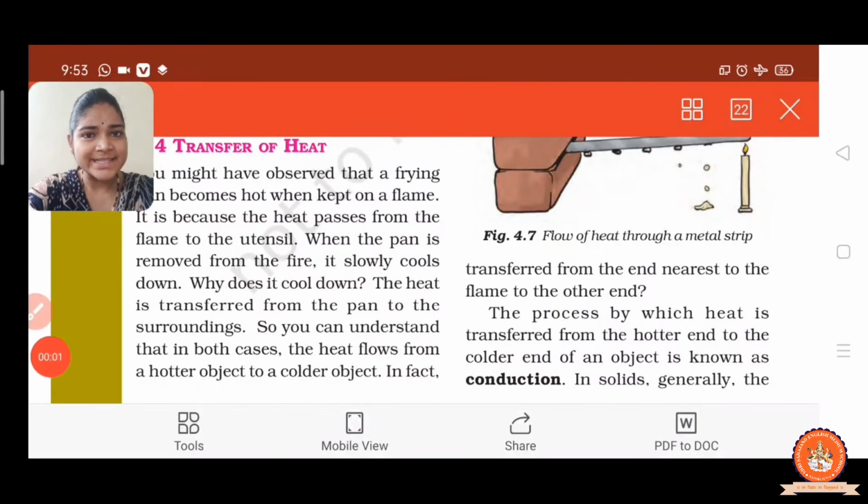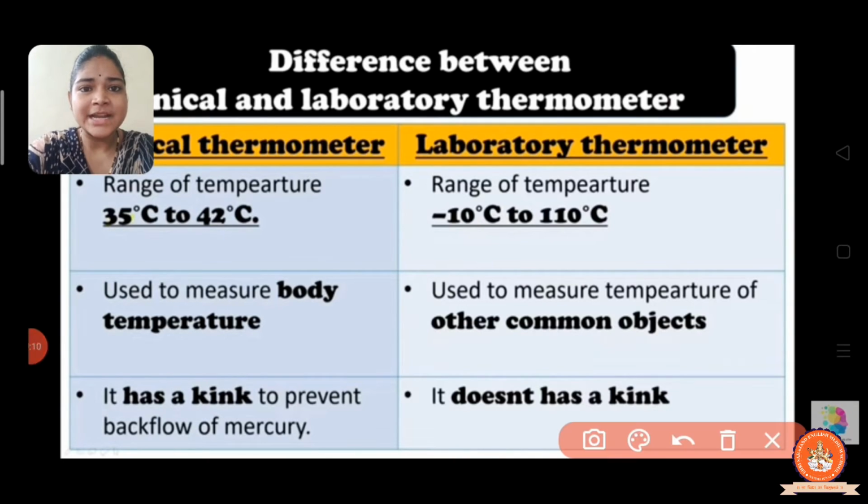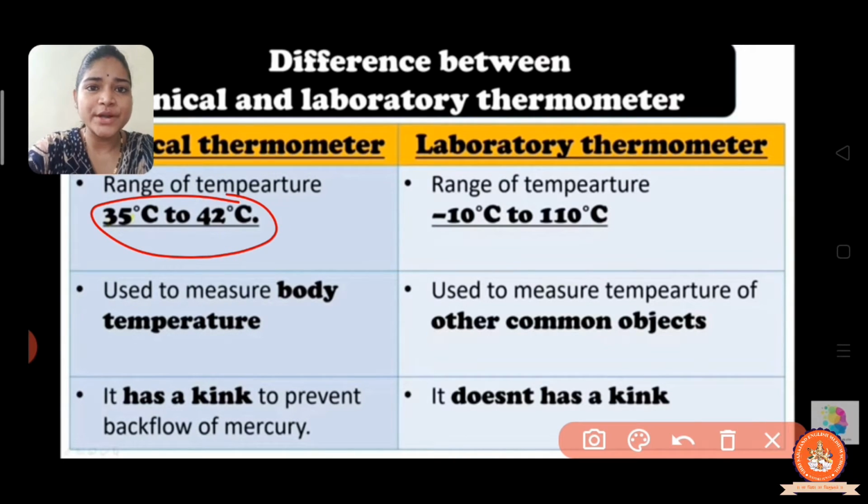Now let us discuss the difference between clinical thermometer and laboratory thermometer. The range of clinical thermometer is 35 degrees Celsius to 42 degrees Celsius, whereas the range of laboratory thermometer is minus 10 degrees Celsius to 110 degrees Celsius, right?